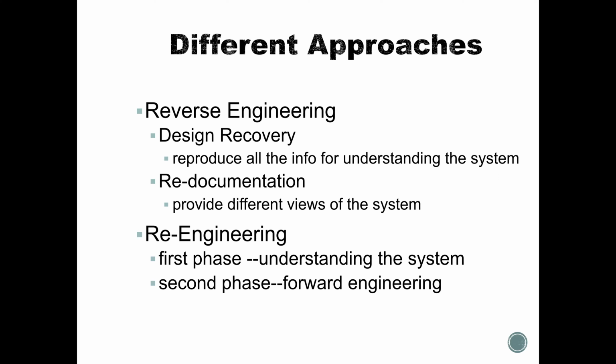However, we can also perform re-engineering, in which the first phase is you need to understand the system, and in the second phase we just follow forward engineering. So the basic difference between reverse engineering and re-engineering is that both processes refer to the further investigation or engineering of a finished software product, but the method of doing so and the desired outcomes are completely different.